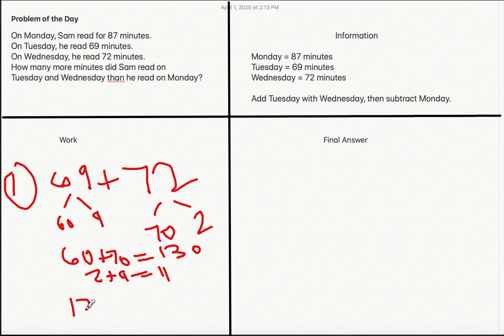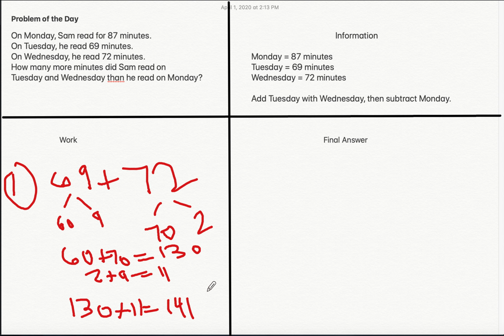So 130 plus 11 equals what? What would then be my sum? It'd be 141. Is 141 my final answer?